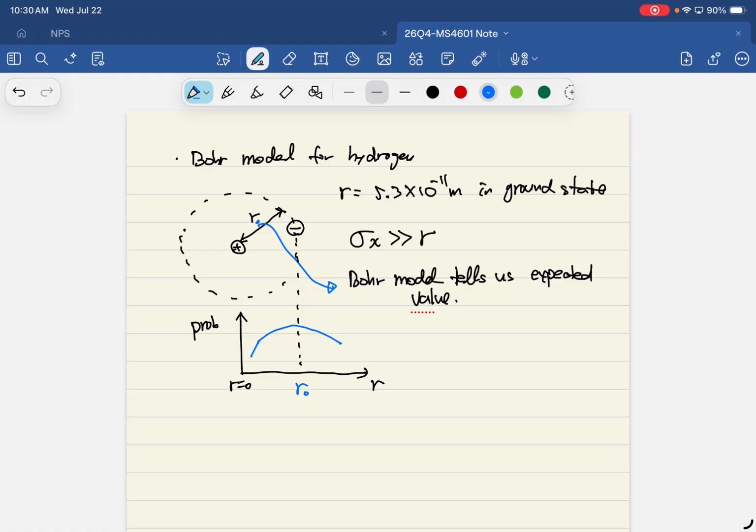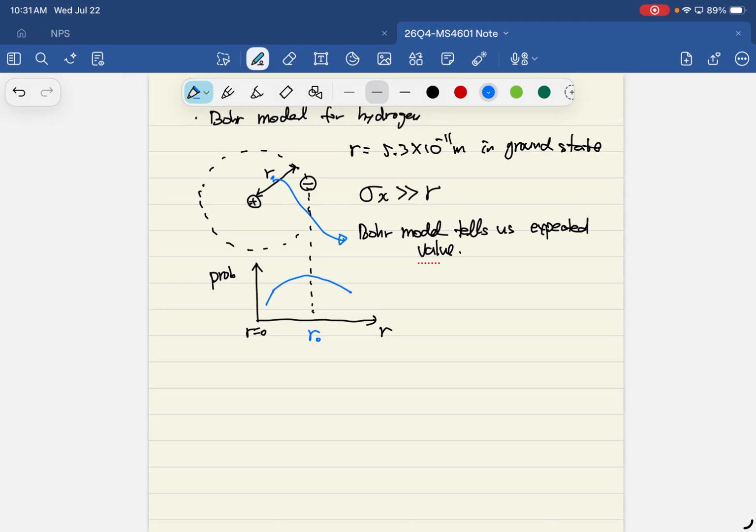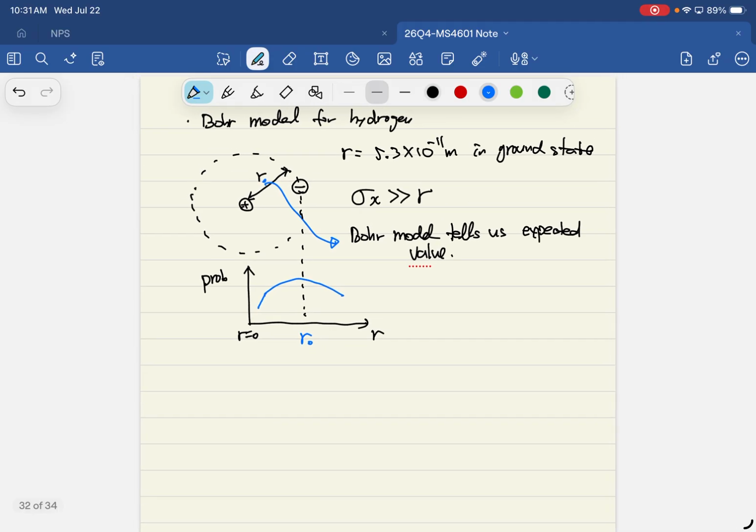Again, this tells us the expected value, and later on we found that the electron does not orbit at a fixed radius. This is an interesting consequence of quantum mechanics.